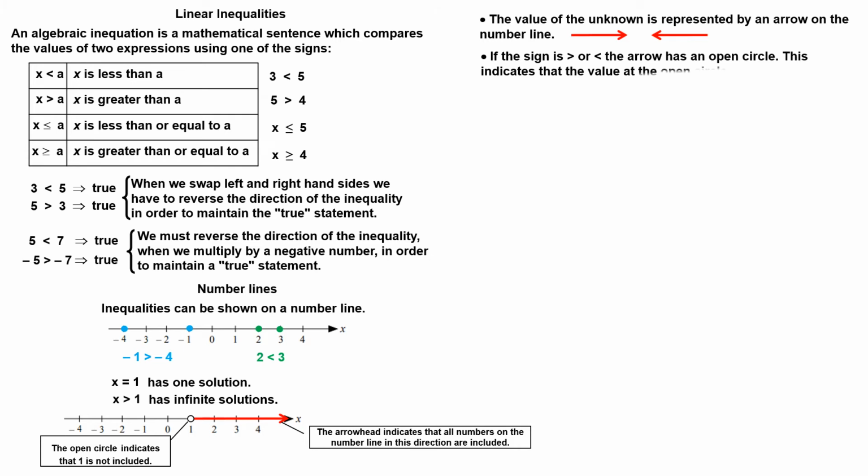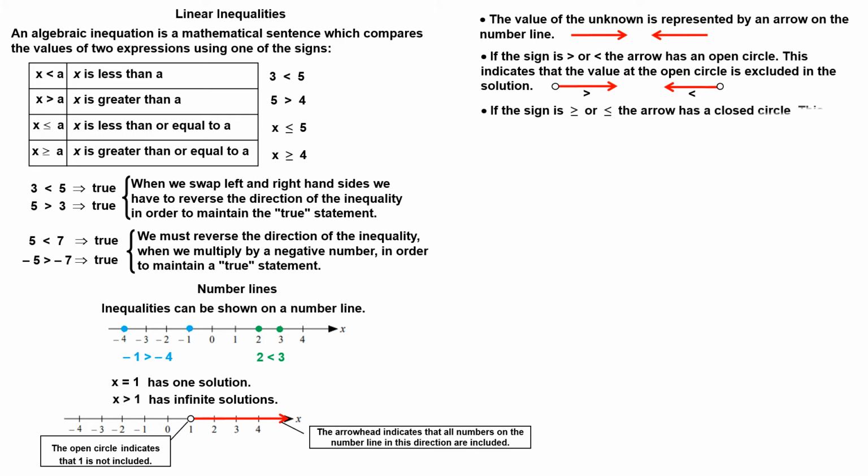This indicates that the value at the open circle is excluded in the solution. If the sign is greater than or equal to, or less than or equal to, the arrow has a closed circle. This indicates that the value at the closed circle is included in the solution.